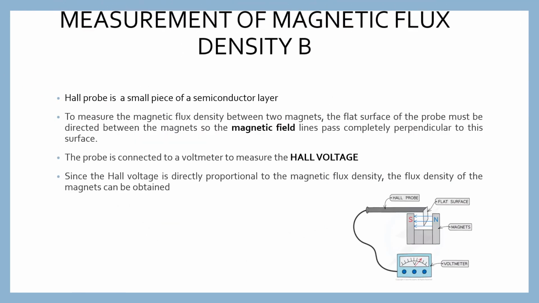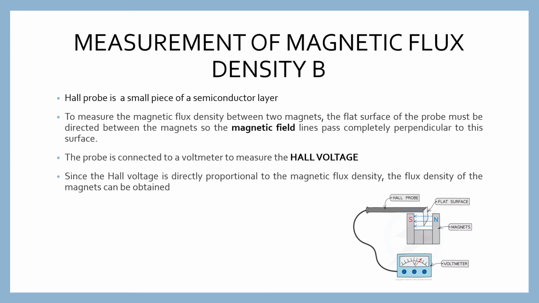A Hall probe is a device that uses a calibrated Hall effect sensor to directly measure the strength of a magnetic field. A Hall probe is a small piece of semiconductor layer. Since magnetic fields have direction as well as magnitude, the results from a Hall probe depend on the orientation as well as the position of the probe.